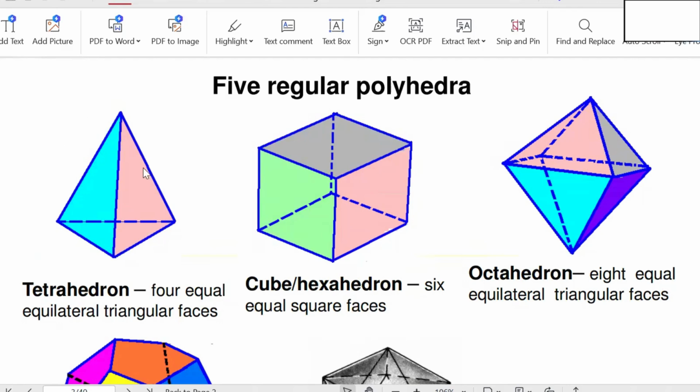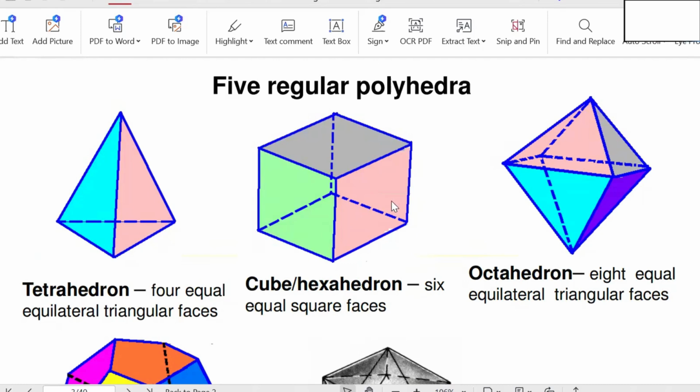The top face is a square, the bottom base is also a square. These two are connected by lateral surfaces, which are also the same shape, squares. That means 6 square faces can be used to generate a cube.